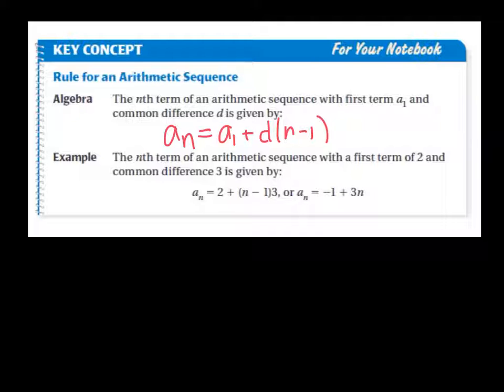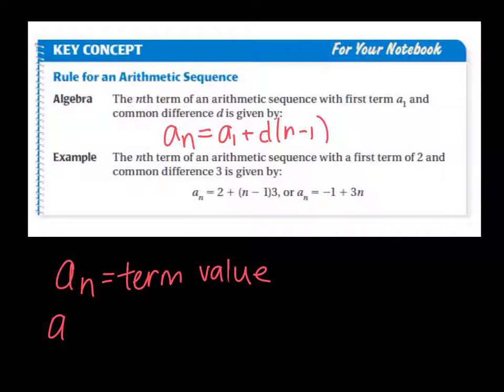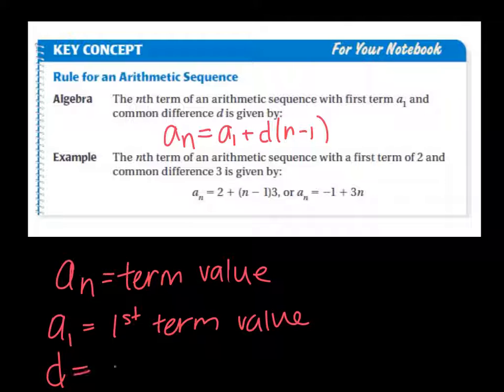As long as you remember what everything is: a sub n is your term value. And again, you don't have to write this down, I'm just reminding you guys. a sub 1 is your first term value. d is your common difference.